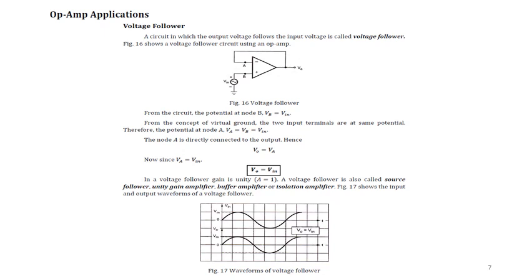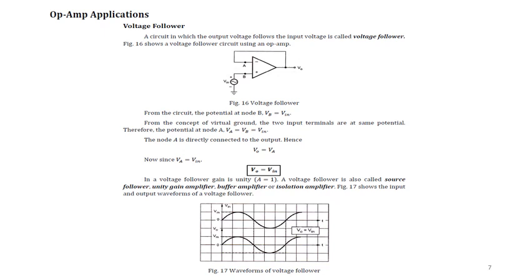So this is about the circuit diagram of a voltage follower. Now from the circuit, the potential at node B is equal to Vin, as I mentioned, I gave the signal Vin to the non-inverting terminal. Therefore, the potential at node B is Vin. We'll use the concept of virtual ground.